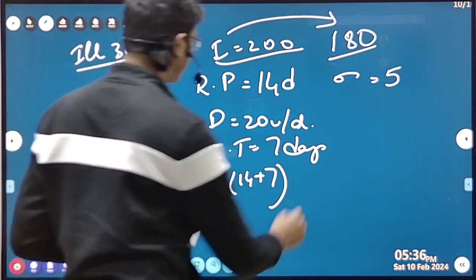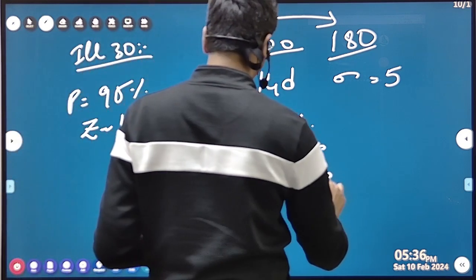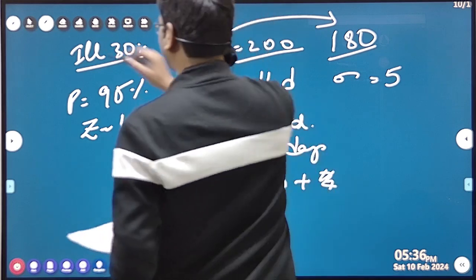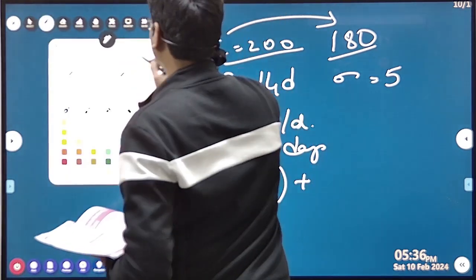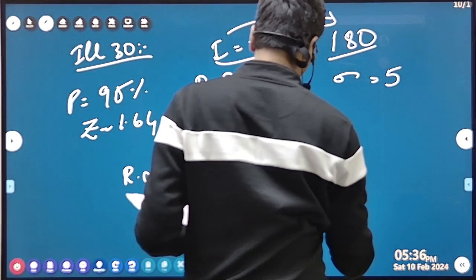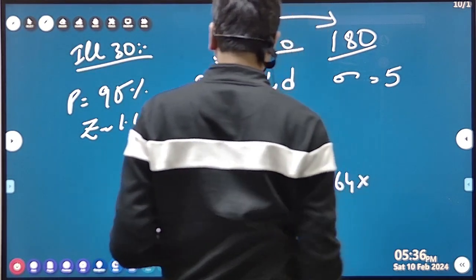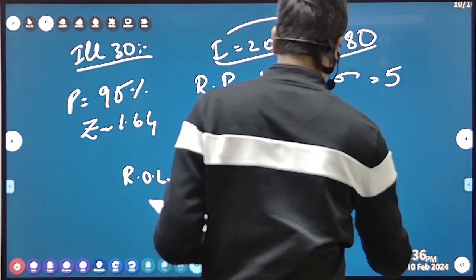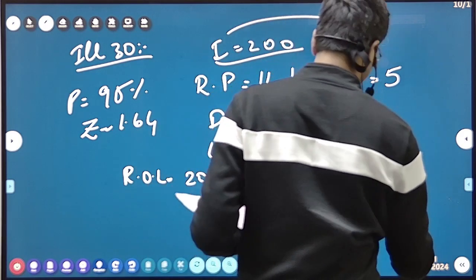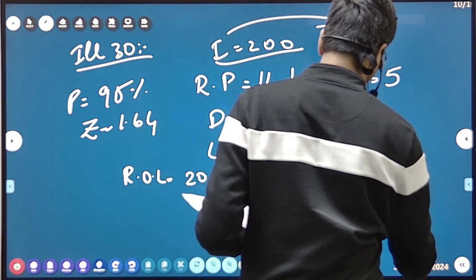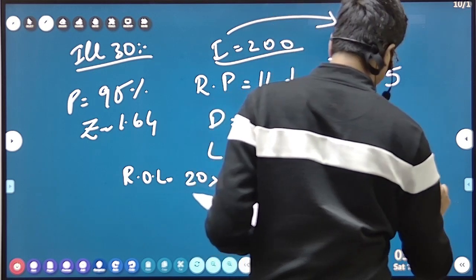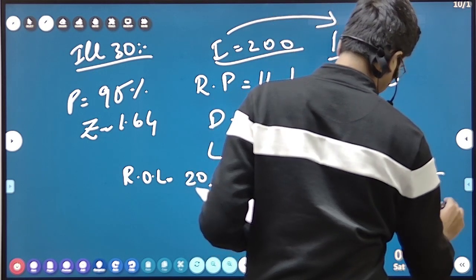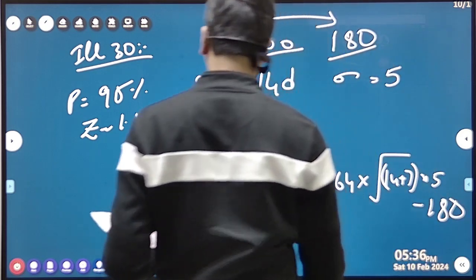Plus Z, what is Z? 1.64 into again under root of 14 plus 7 into 5 minus 180. So this is your reorder level.